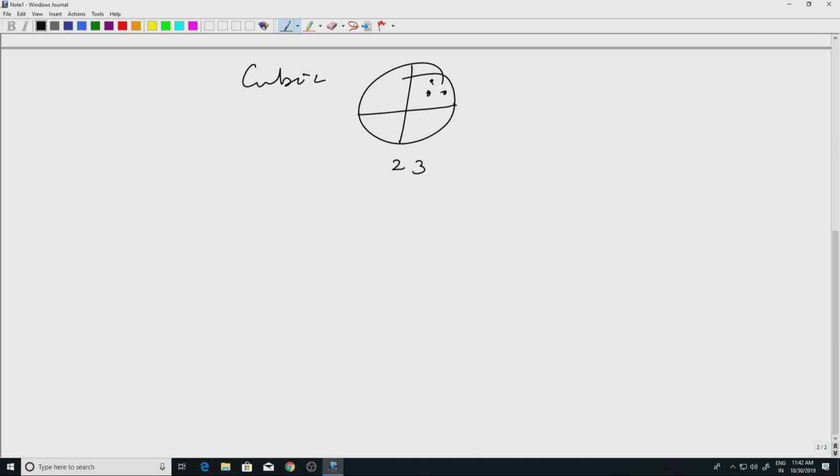The twofold is acting along here or here or here. When I rotate it here, I get a circle. Then when you rotate it here, you get a dot. Then again a circle. Then the next one is 2 bar 3.